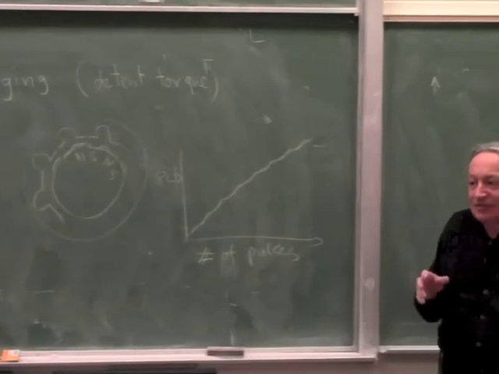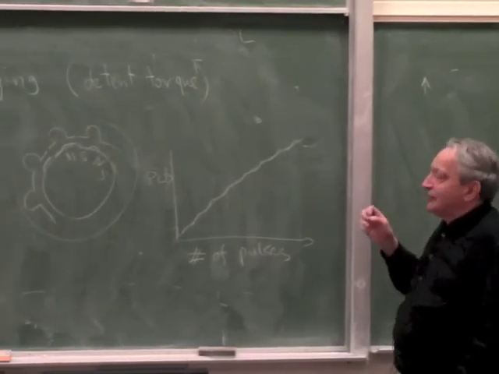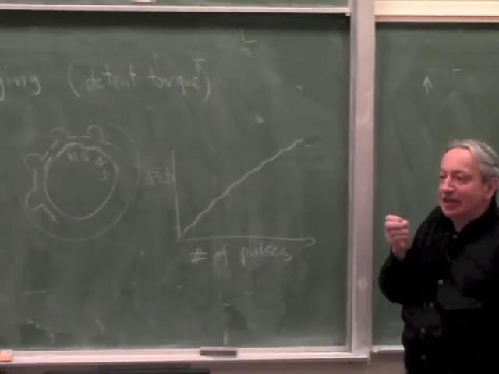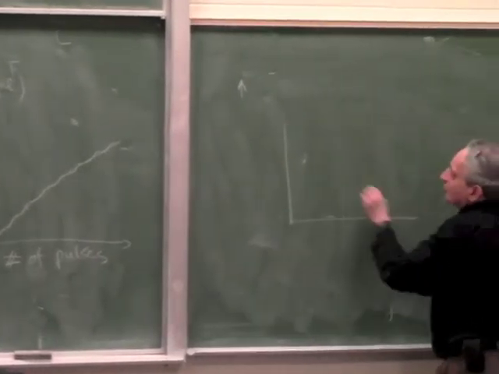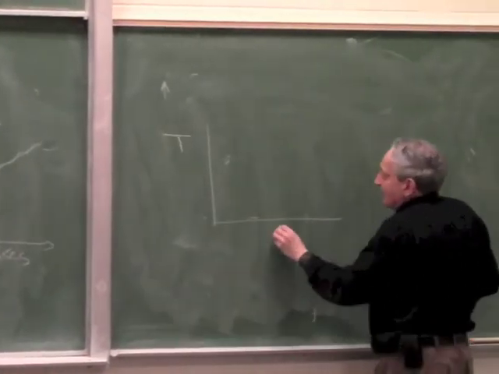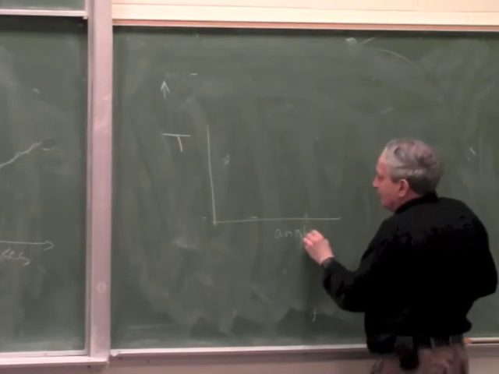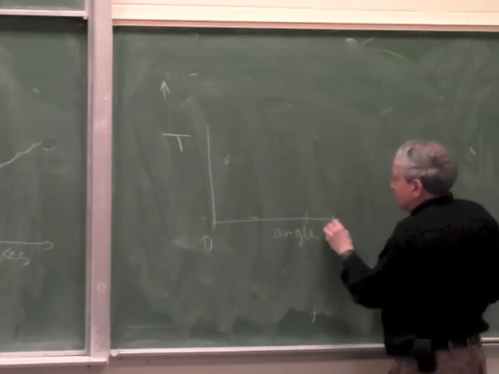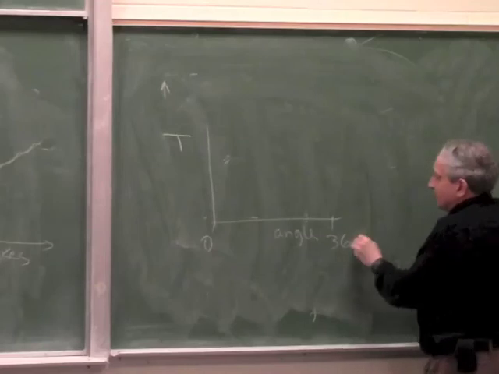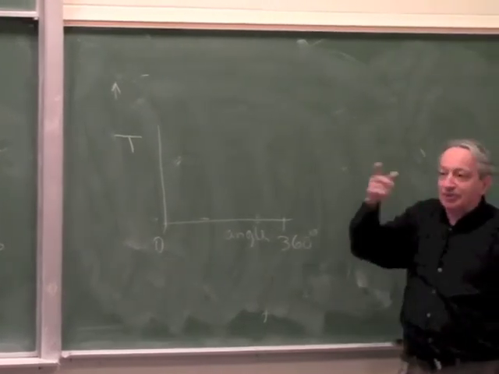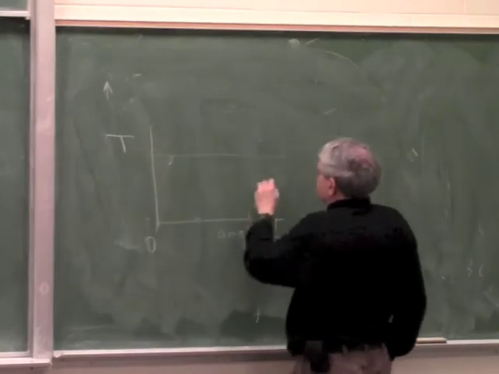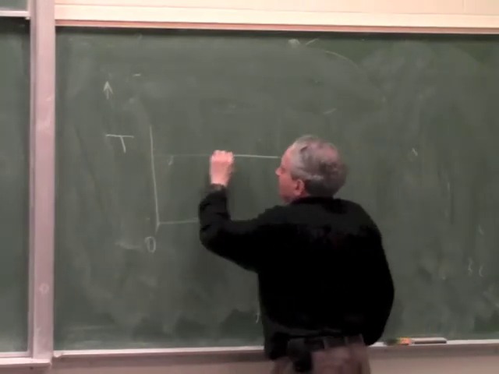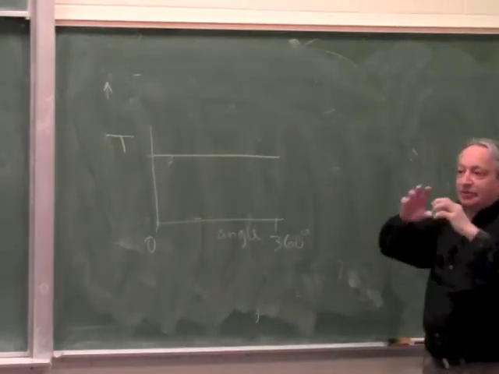But in spite of this, there is always some kind of lack of smoothness, which is visible if you draw torque versus angle of the rotor, say from 0 to 360 degrees, because you imagine after one rotation it will repeat itself. So an ideal motor looks like this. The torque is constant no matter where you are.